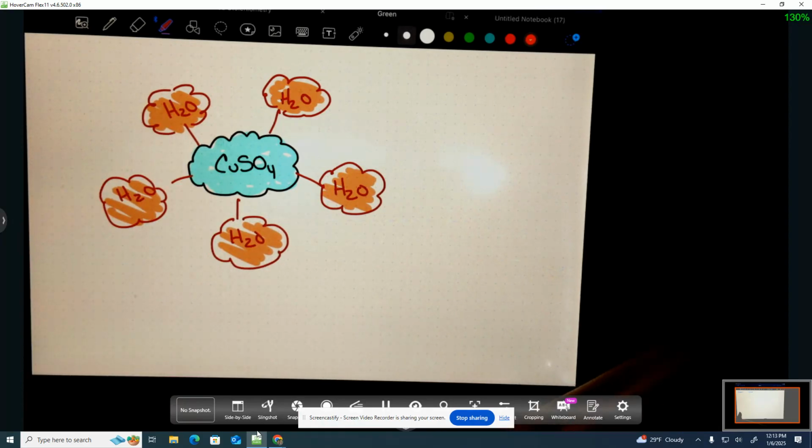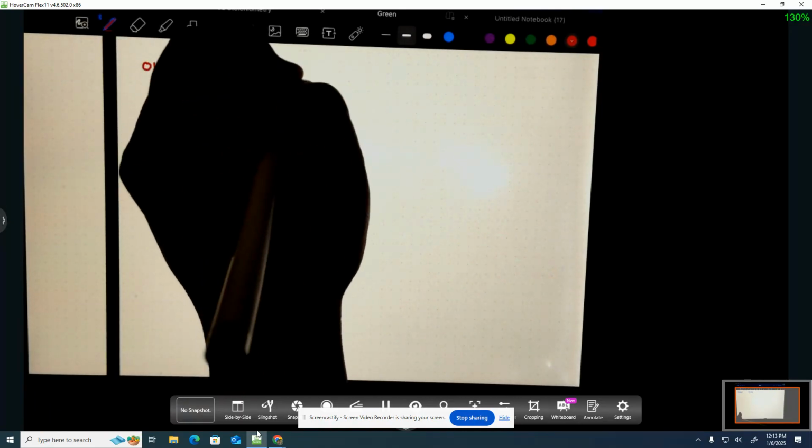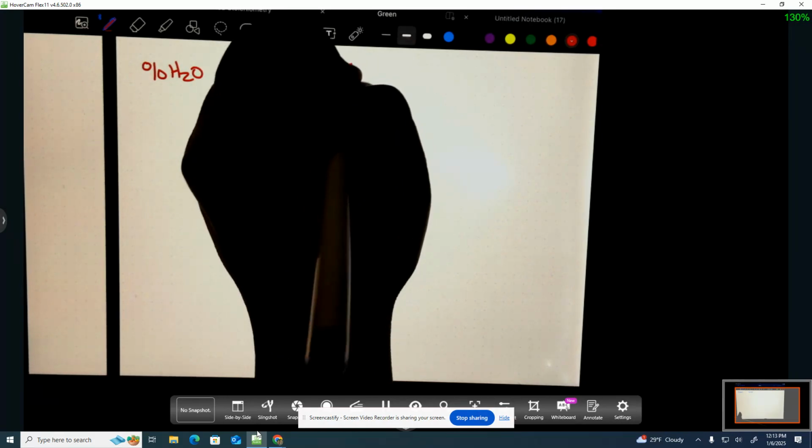Now our ultimate goal is to find the percent of water in this hydrated salt. Hydrated means it has water attached to it. So we want to find the percent of water in CuSO4 with 5 H2Os.